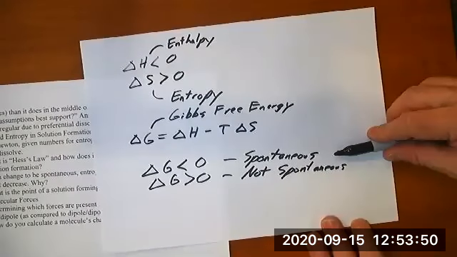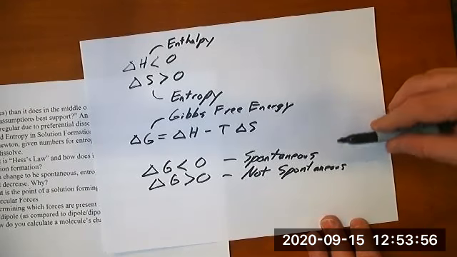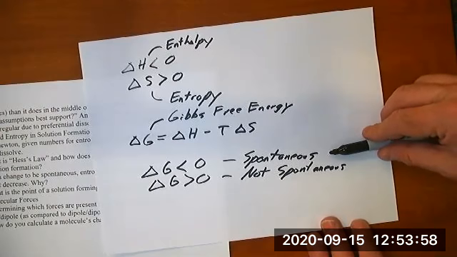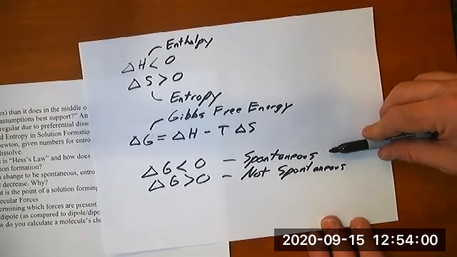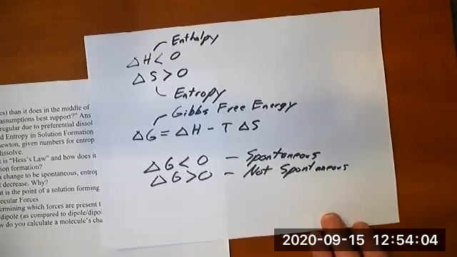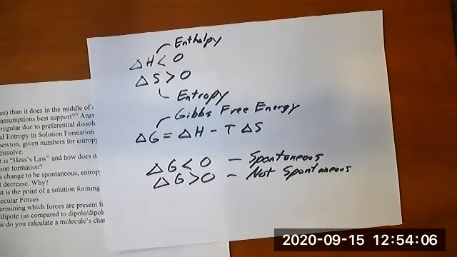Spontaneous means it can happen. Doesn't mean it will happen. It means it can. So why might it not? If the reaction rate or speed is too slow. So it is spontaneous for diamond to turn into graphite.